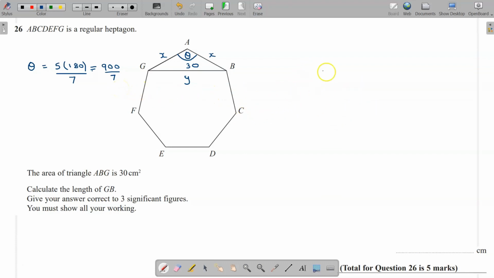All right, so now I'm going to use the area rule using sine. The area of a triangle is a half times the two sides multiplied together times the sine of the angle between them.